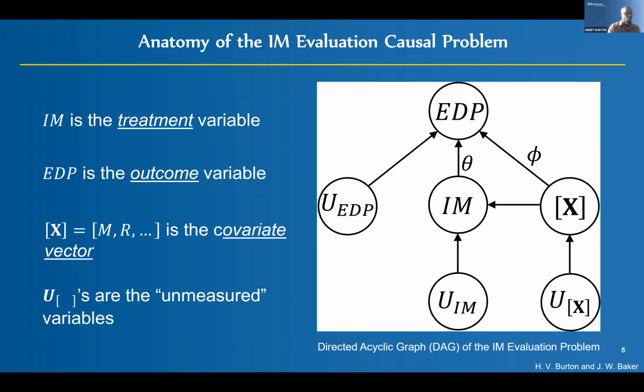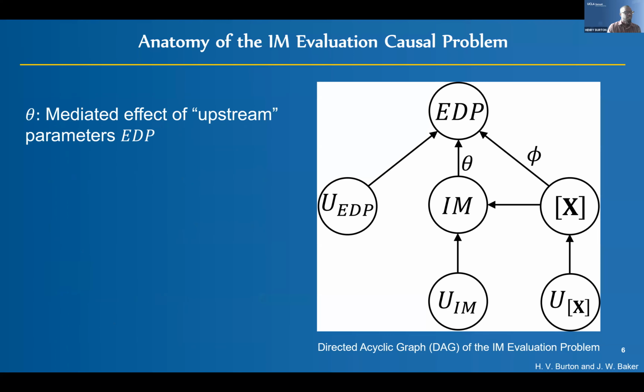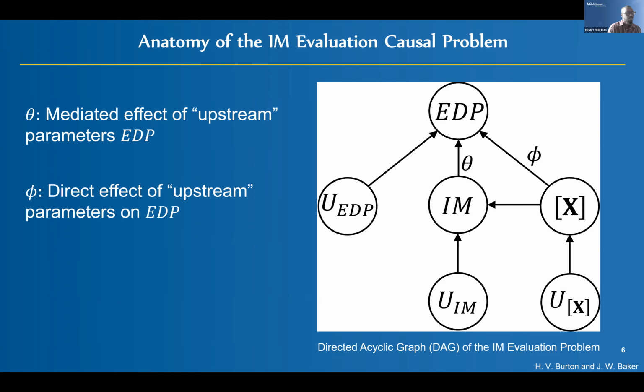In terms of the causal relationships, we are primarily interested in the influence of the upstream parameters on the EDPs, and we conceptualize that influence as having two parts. The first part is mediated by the IM. In other words, that part of the effect of the upstream parameter on the EDP flows through the IM. The other part flows directly from the upstream parameter to the EDP.